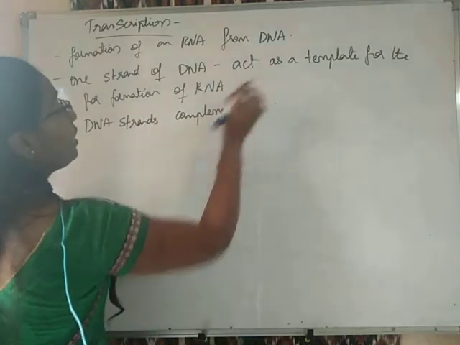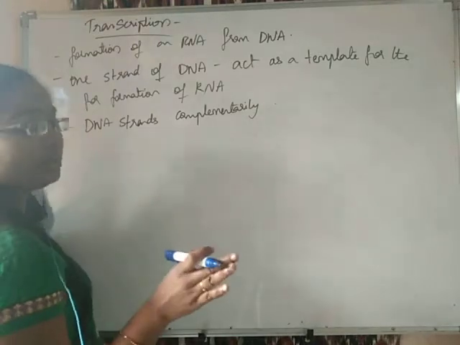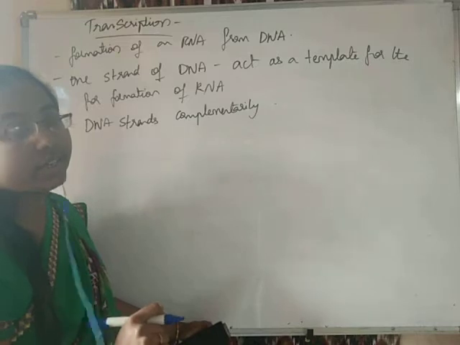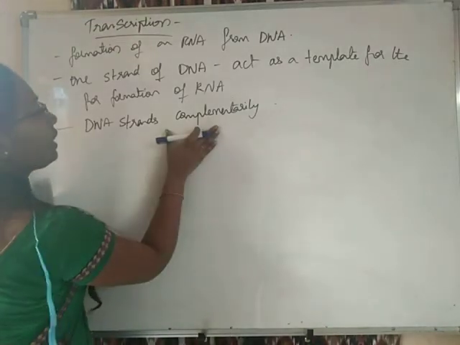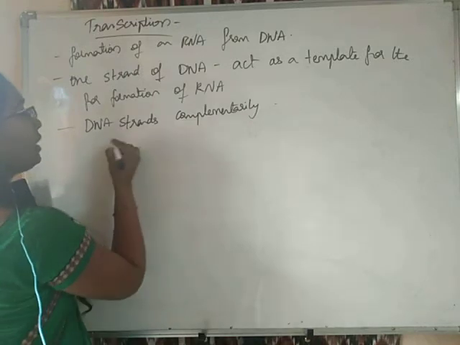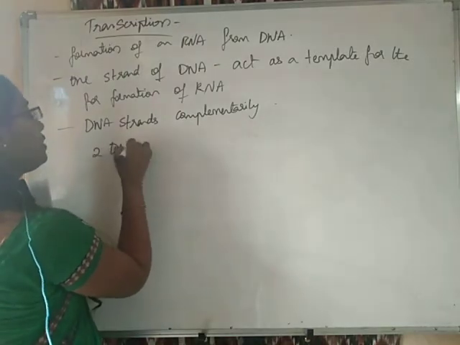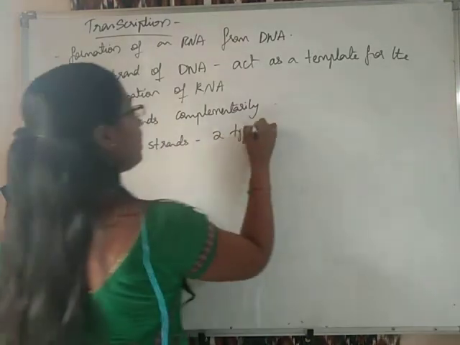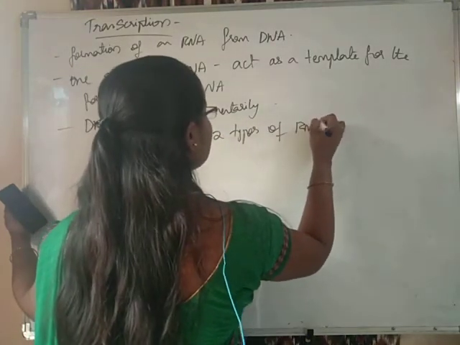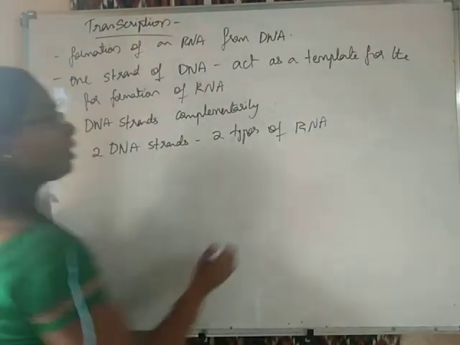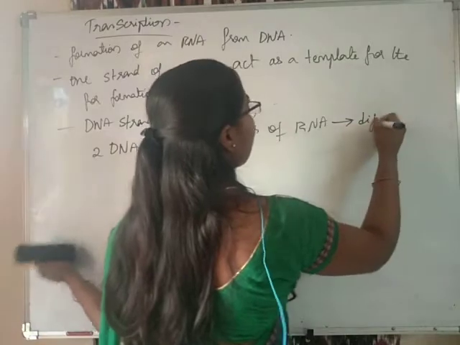They are not the same, they are complementary to each other. Because of this complementarity, the two DNA strands produce two different types of RNA. Okay, two different types of RNA will be coding for different types of proteins.